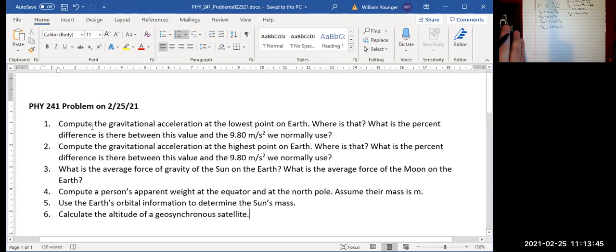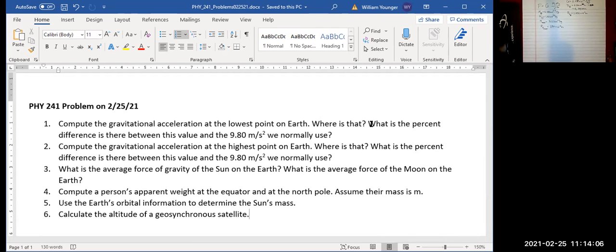So you see, I'm asking compute the gravitational acceleration at the lowest point on Earth. Where is that and what is the percent difference? Well, the lowest point on Earth is in the southern end of the Mariana Trench, called Challenger Deep, named after the Challenger craft.